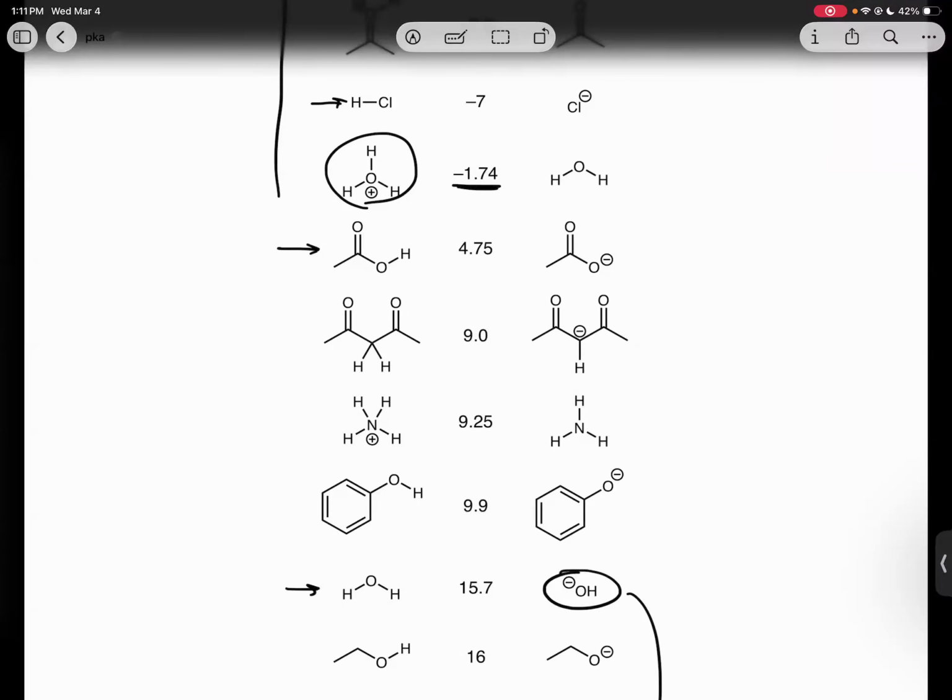By extension, if you start with pure, concentrated sulfuric acid that has a pKa of -9, and you put it in water, you get H3O plus. Now the pKa of your quote unquote sulfuric acid, your dilute sulfuric acid, is just -1.74.